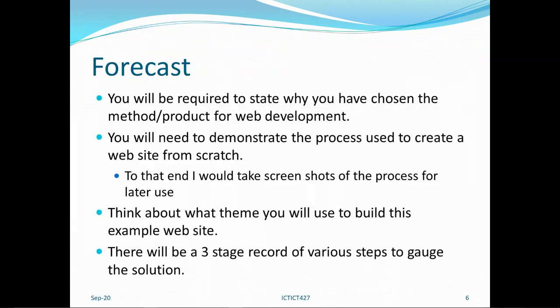So you need to think about what type of website you want to create. That's your theme. And we'll be looking at, as far as assessments, the first one will be, basically give a brief business reason why you've chosen to go with a product.